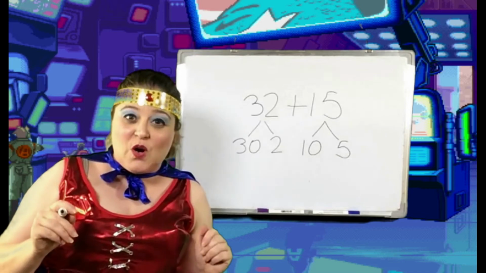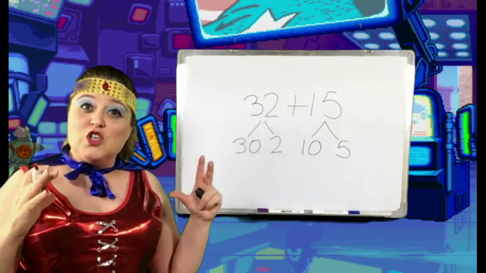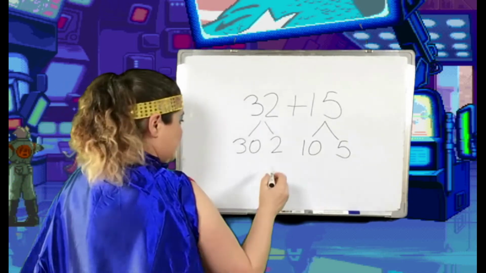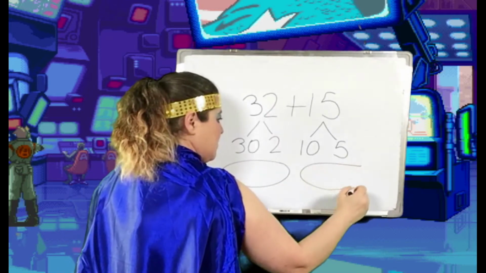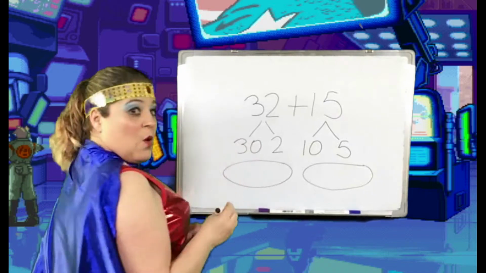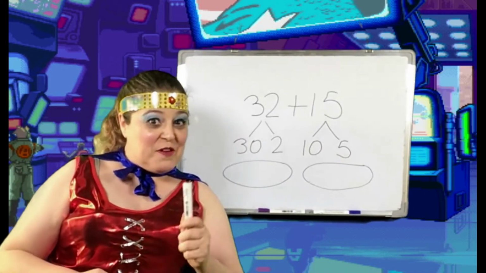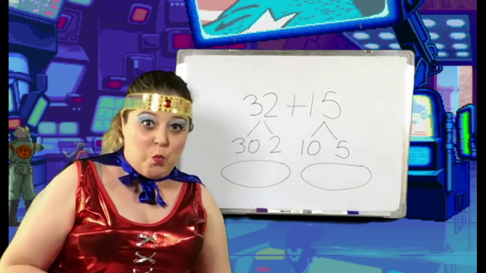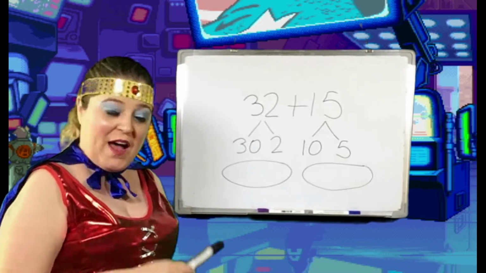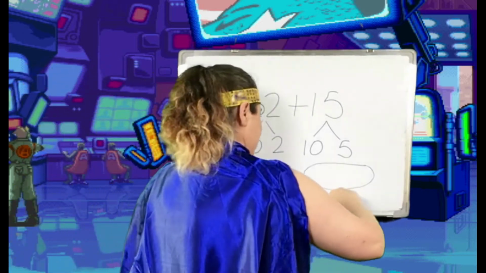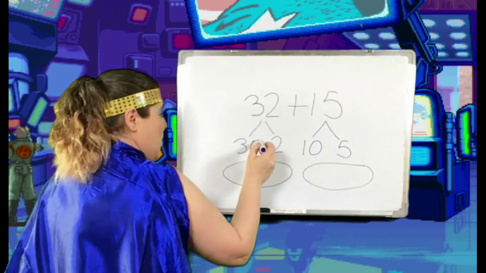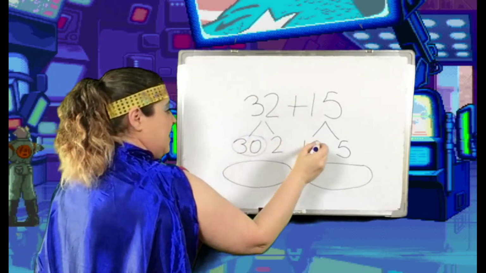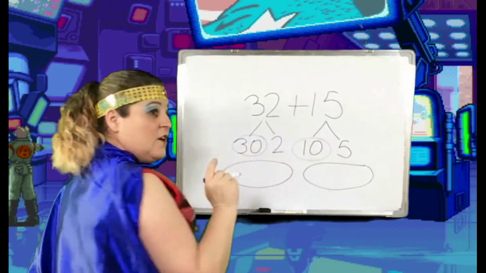The next thing we're going to do is to draw 2 circles. One circle is going to be for the tens, one circle is going to be for the ones. So, let's take a look at the tens. We have 30 over here and 10 over here.